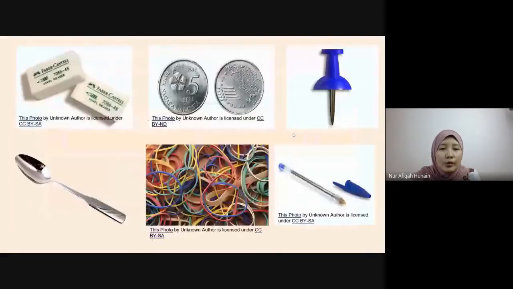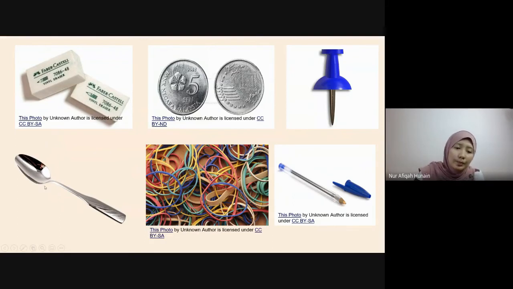Okay, this time you do it by yourself. But let's spot the characteristic first. This is an eraser, made of rubber. This is a coin, from metal. This is a thumbtack, also from metal. This is a pen, made of plastic. Rubber band is from rubber, and this is a spoon from metal.